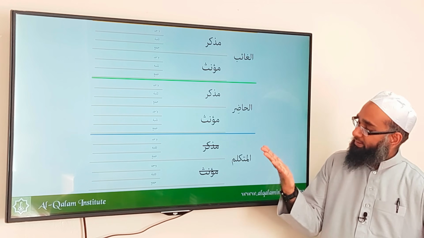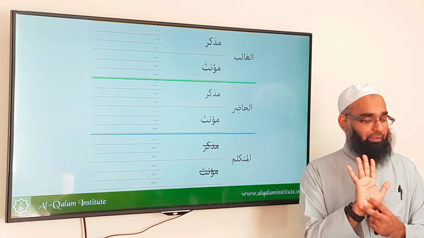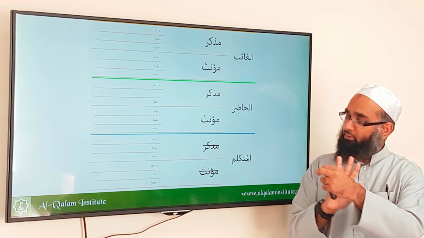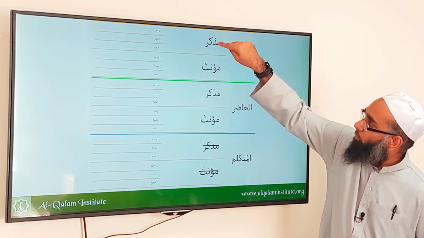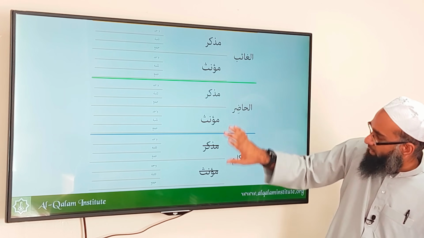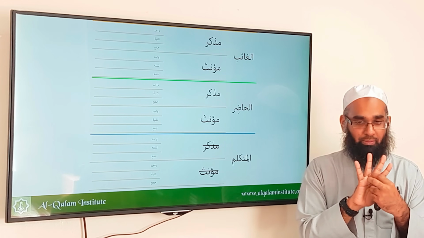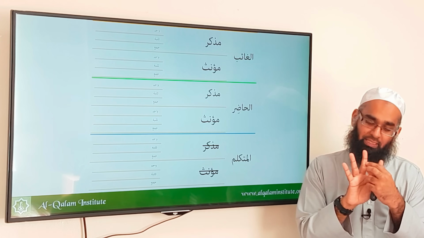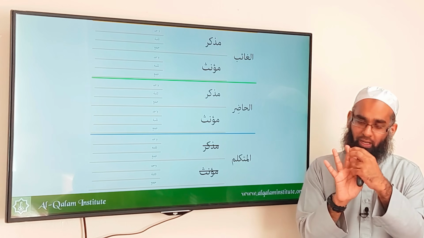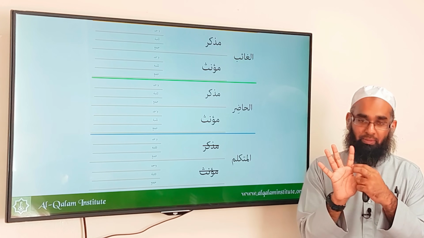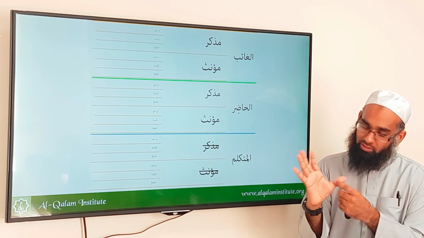And I said, if you want a tip, what you can do is use your hand. So in your hand you have 1, 2, 3, 4, 5. You use this for 1. So wahid tasniya jama'. This is for the ghaib. Then wahid tasniya jama'. These little bends you have. That's a 4. And then for this one you just use the thumb.